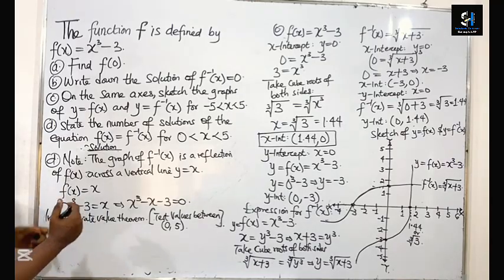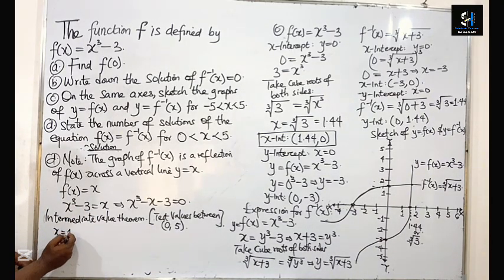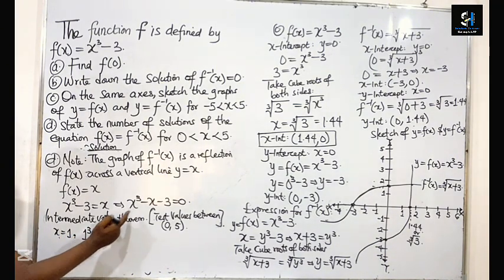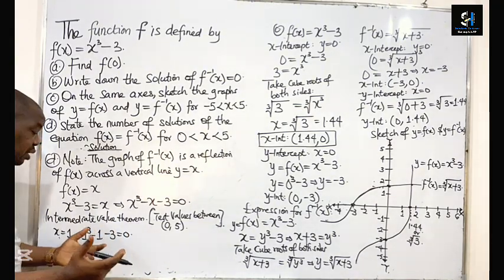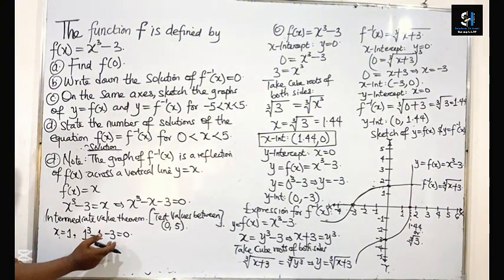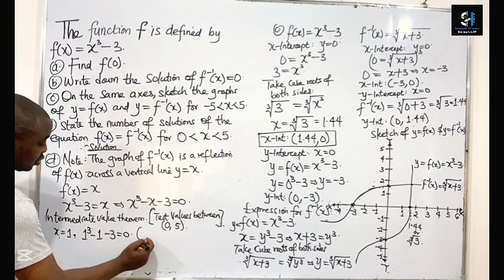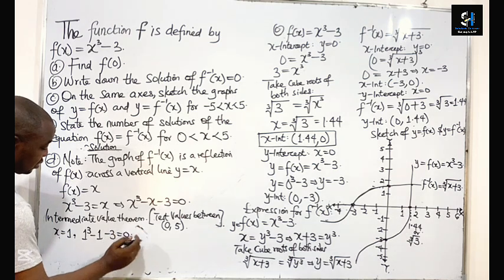So let me use one. When x is equal to 1, we have 1 cubed minus 1 minus 3. 1 cubed is 1. 1 minus 1 will be 0. So this will be minus 3. So this is negative.